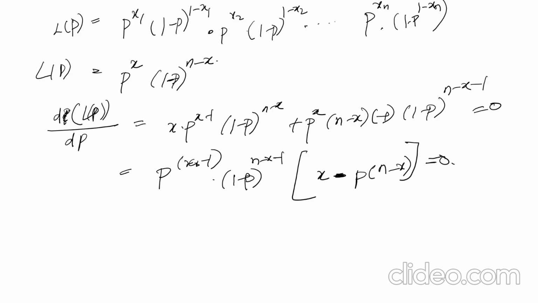So with this, we equate it to 0. P cannot be 0 because as per probability, then it is like no result. But this other term can be 0. So hence we will substitute x minus p of n minus x equal to 0.